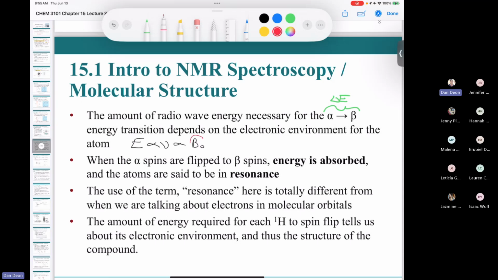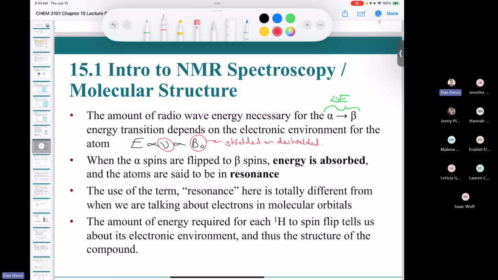And the amount of B0, the externally applied magnetic field that the nucleus is going to experience, has to do with whether it's shielded or de-shielded. So again, what's the consequence? If the nucleus is in a different electron environment, it's going to absorb a different frequency of electromagnetic radiation, and we can plot that.